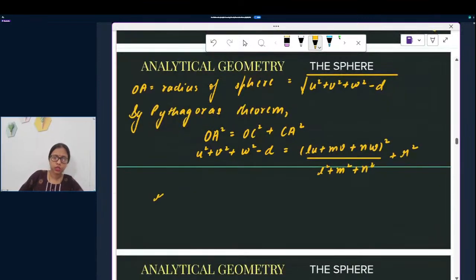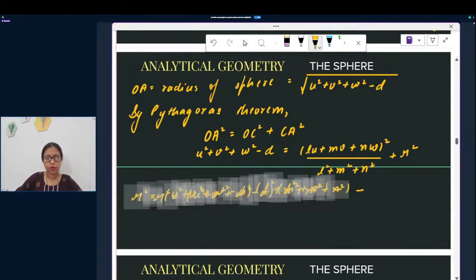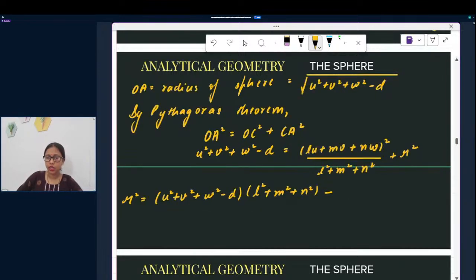R square is u square plus v square plus w square minus d, times L square plus M square plus N square, minus Lu plus Mv plus Nw whole square.